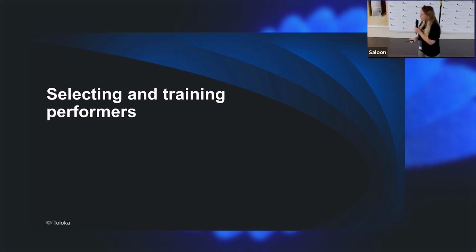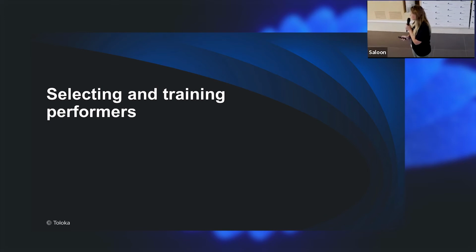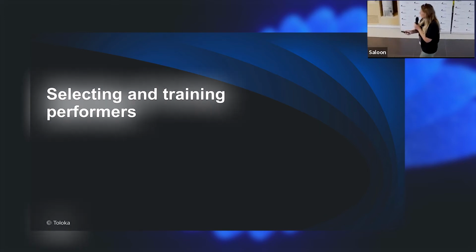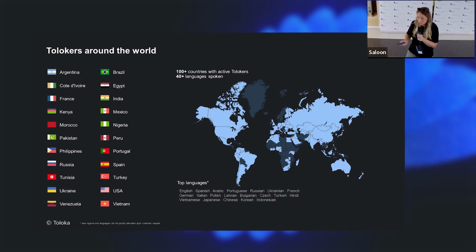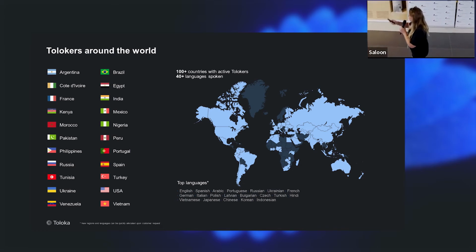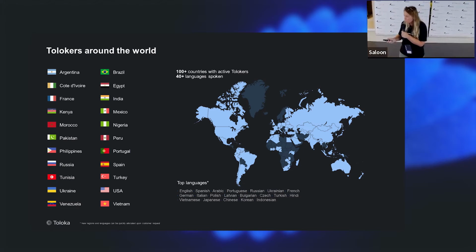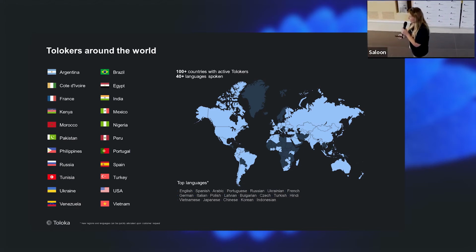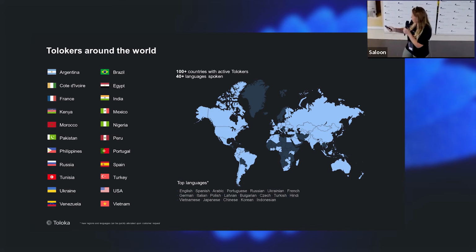And then the next step in such a project is selecting and training performers. I already mentioned that we use crowdsourcing, and we have workers that are distributed all over the world. You can see them here on this picture in different time zones, and they speak different languages. So how do I decide who is going to take part in my project?